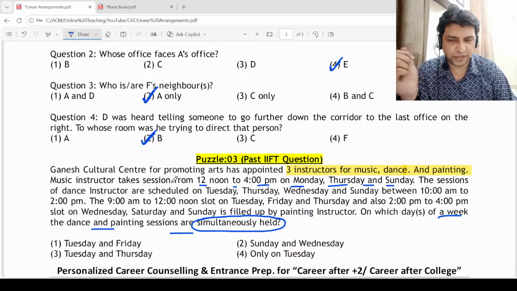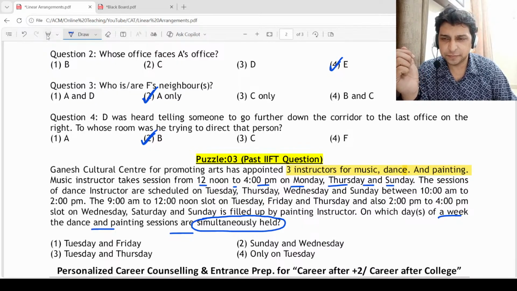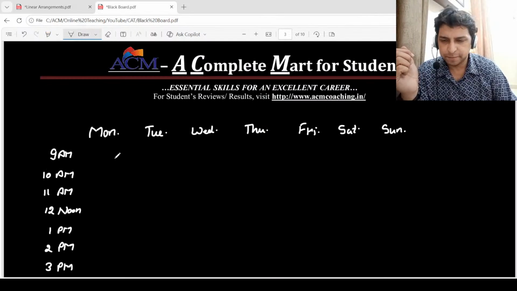The first information which we have: music instructor takes session from 12 noon to 4 p.m. on Monday, Thursday, and Sunday. So 12 to 4, Monday, Thursday, and Sunday.